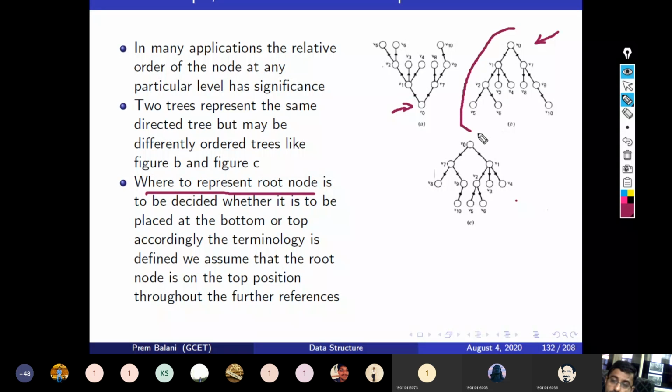We will always represent the root at the top position, and actually in real life trees we can see the roots are with the earth, right? So they are in the ground, so they are at the bottom position in a real tree. But in this literature, this notation is very famous, so we will follow this notation of representing the root node at the top position. Okay.